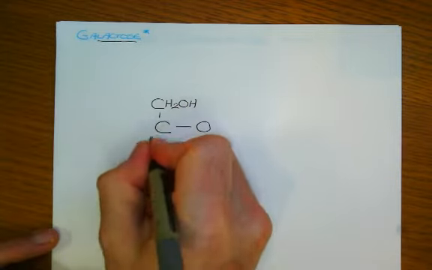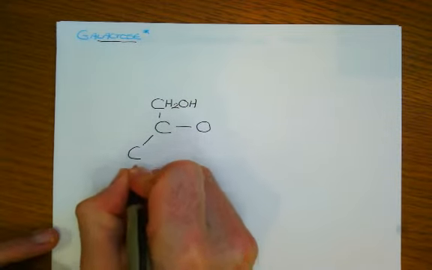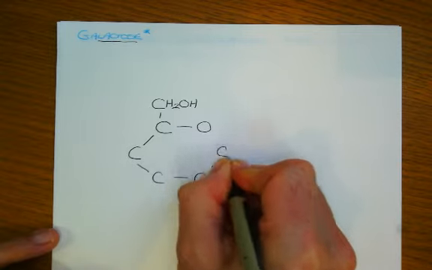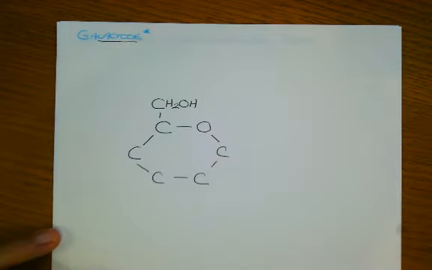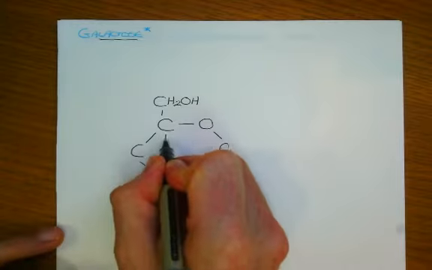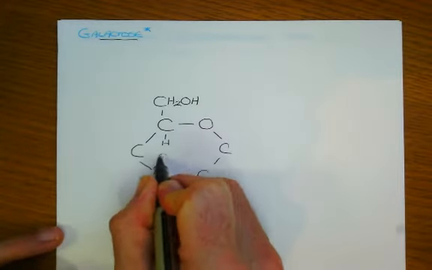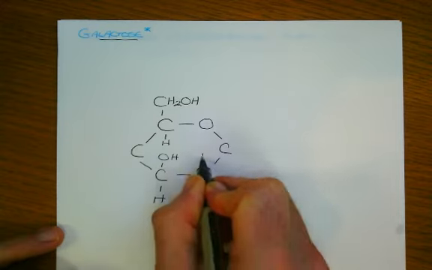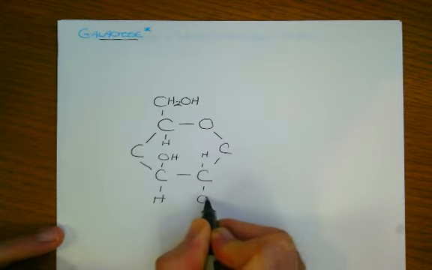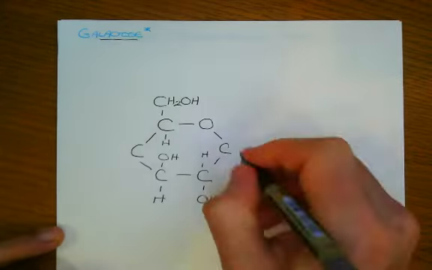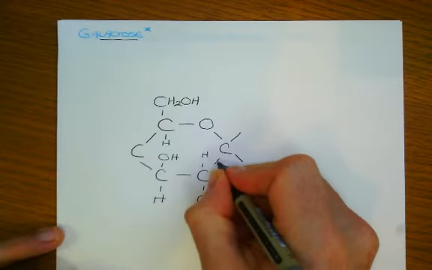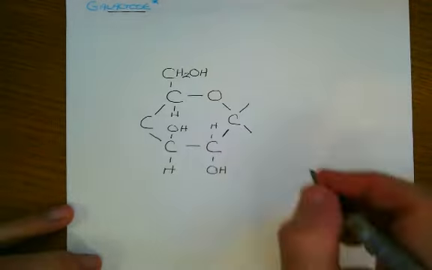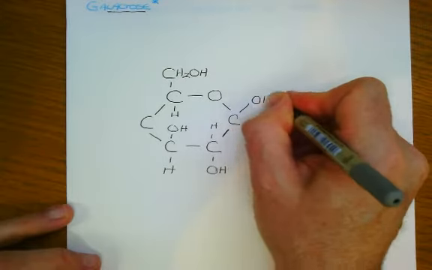So I start with carbon 5, going to the oxygen, carbon 6. So we come down onto carbon 4, 3, 2, and 1. So we'd have the little hydrogen here, an OH here, hydrogen here, hydrogen here, OH here.